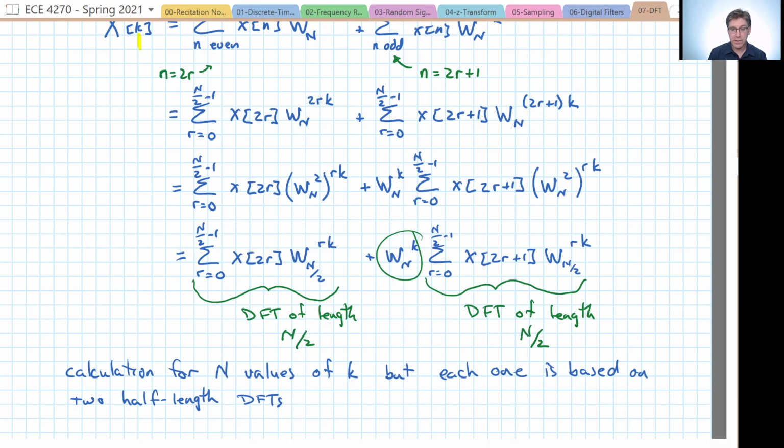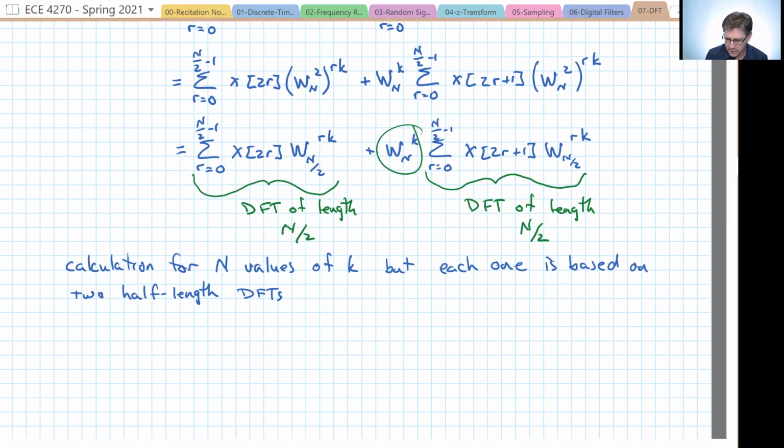So to calculate all n over 2 values of our first DFT, and all n over 2 values of the second DFT is going to be n over 2 squared. Then we have this additional multiplied by w to k of n, and then we have to sum them all up.